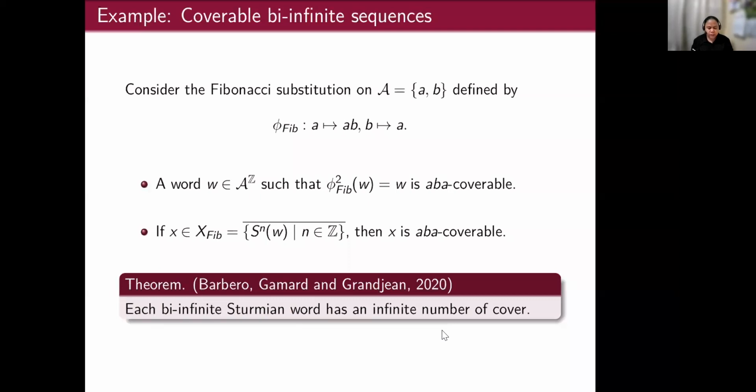This is one of the differences between the coverability of right infinite words and bi-infinite words, because not all right infinite Sturmian words are coverable. This was shown in 2004 by Levé and Richomme.